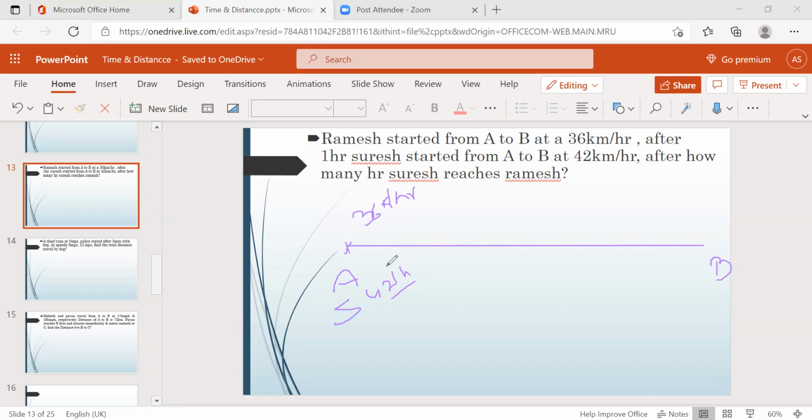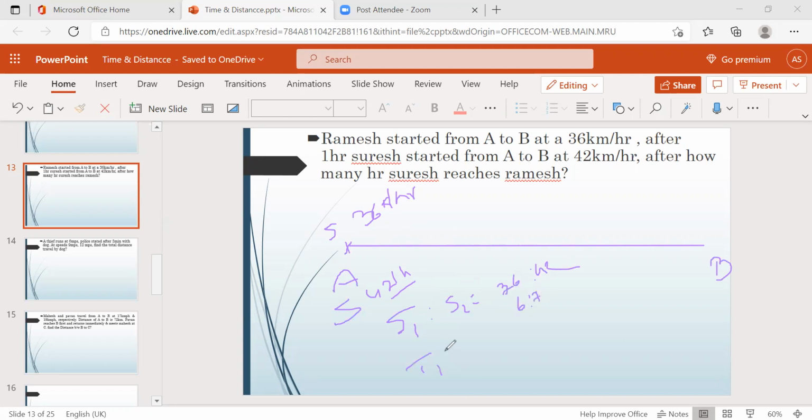Now, the speeds are given. We know that speed and time are inversely proportional, right? So S1 to S2 equals 36 is to 42. So it is nothing but 6 is to 7.